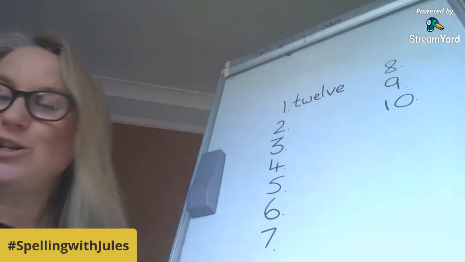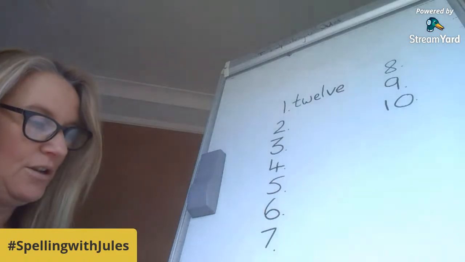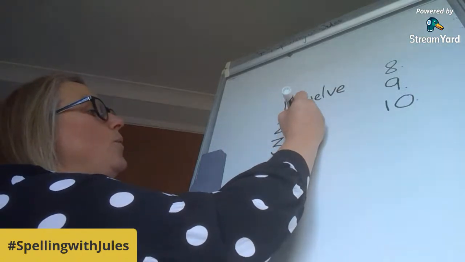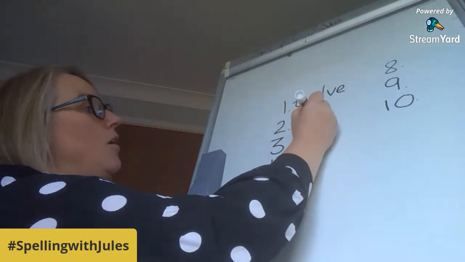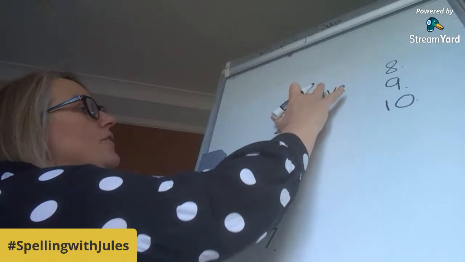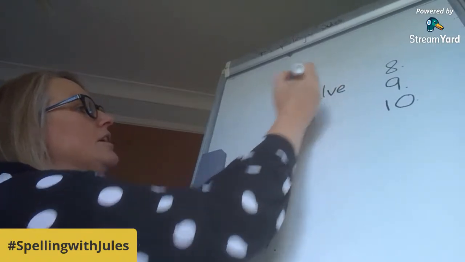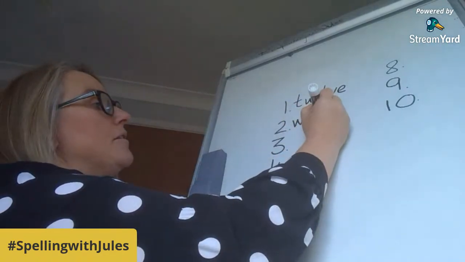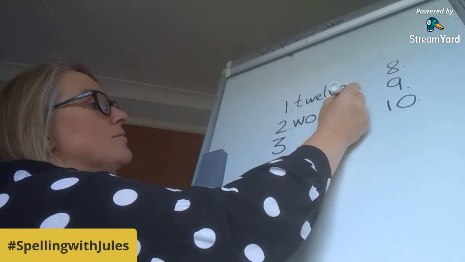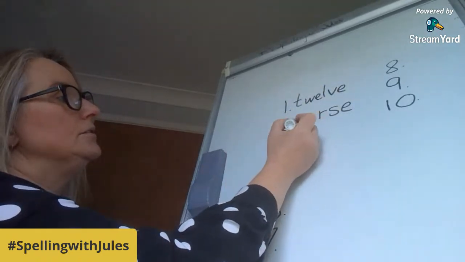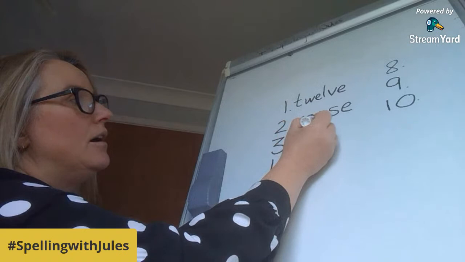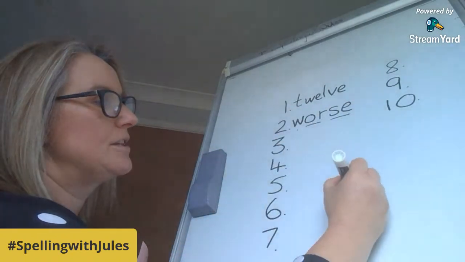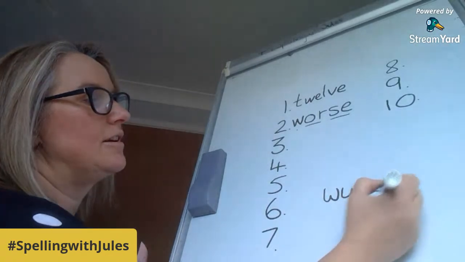Okay, number 2 was worse. Okay, so I should have done. Sorry, if you realise, sometimes I do curly W, and that's because I used to write them like that. And I've learnt how to do them there. But you may have spelt it worse like that maybe.